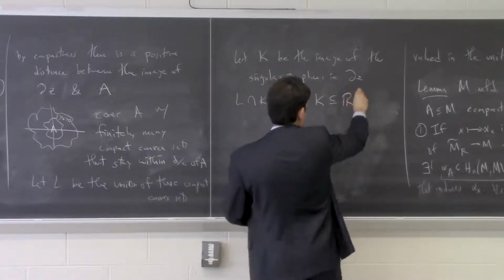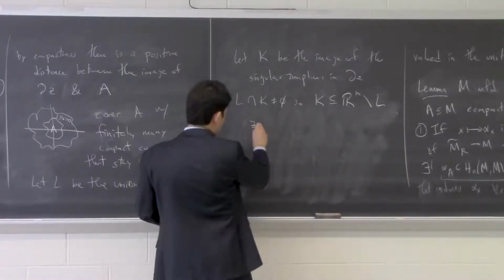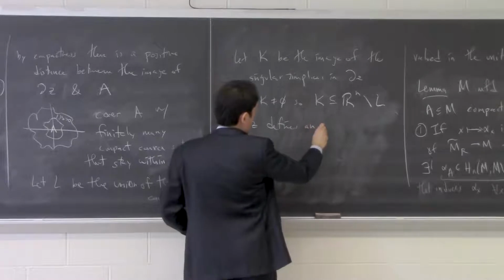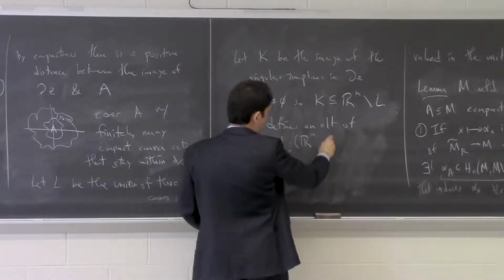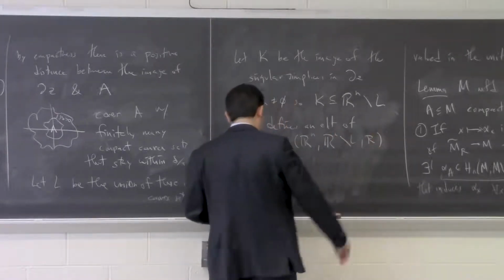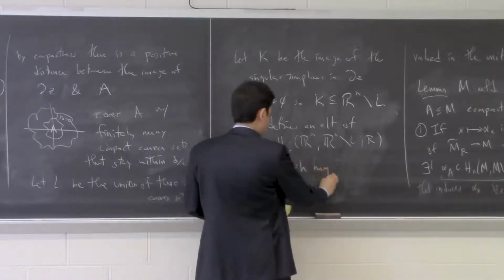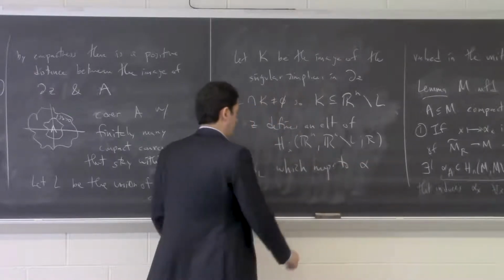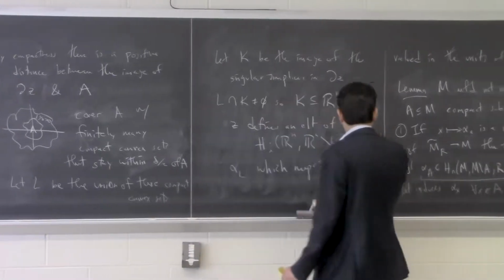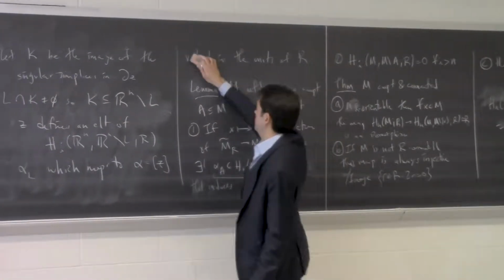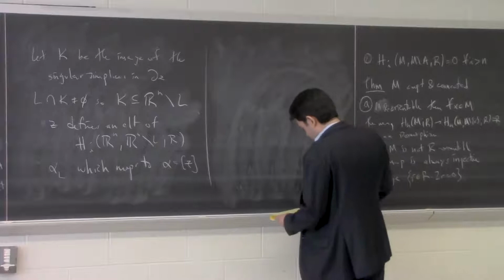So K is inside Rn minus L. So Z defines an element of Hi of Rn minus L, call it alpha L, which maps to alpha. Alpha is the class represented by Z.